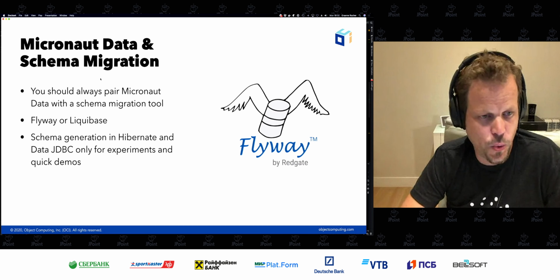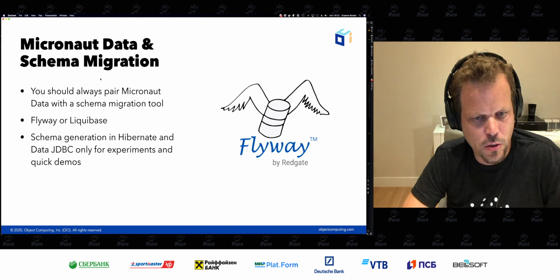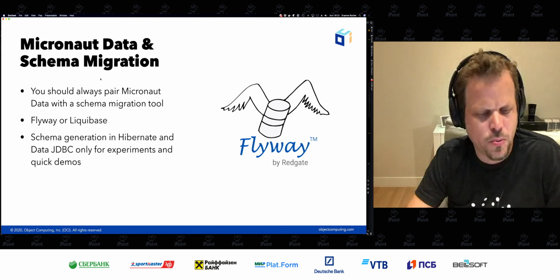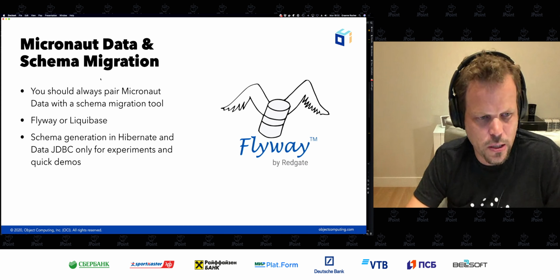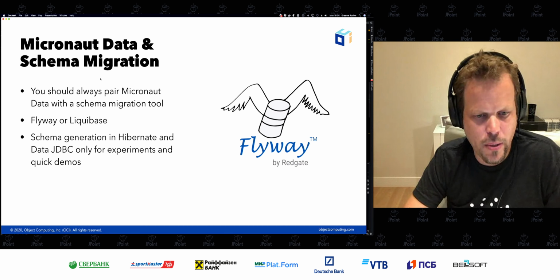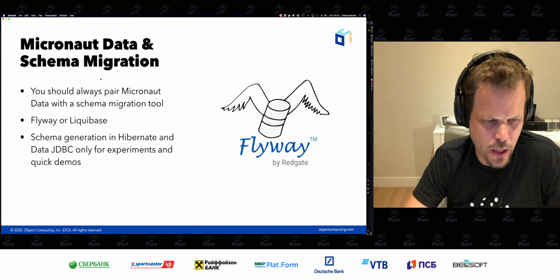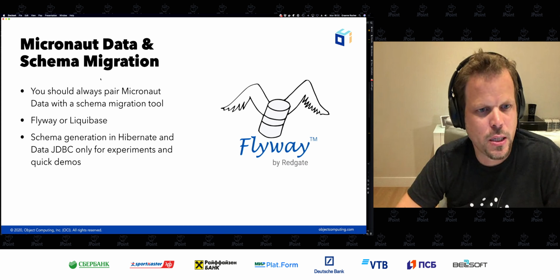And in Micronaut 2, we have support for Flyway with GraalVM native image, which is really cool, because you can use Micronaut Data JDBC with any of the databases with the native image, and also implement your database migrations with Flyway. In general, database schema generation with Data JDBC is just for quick demos and experiments. You should always define your schema yourself and manage the state of it. So we recommend that.